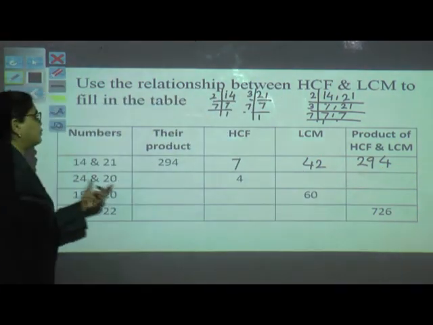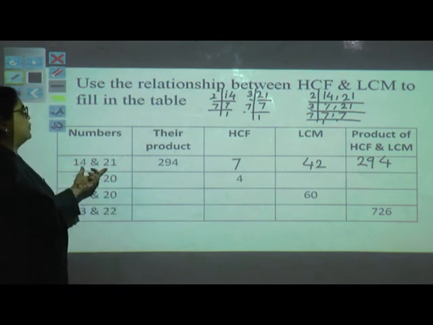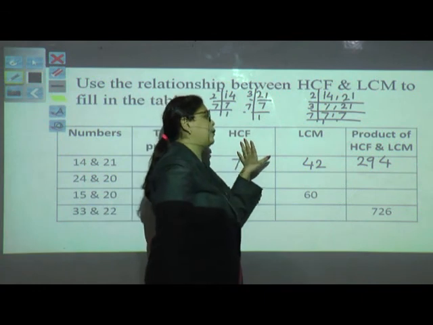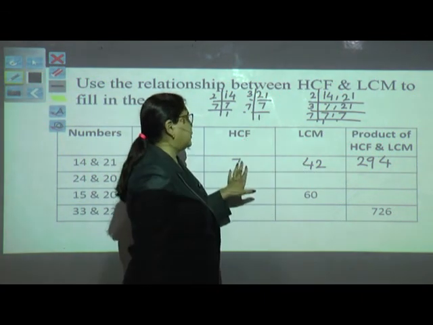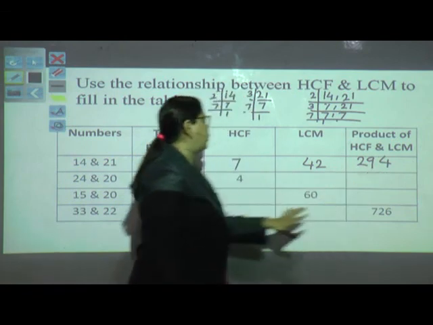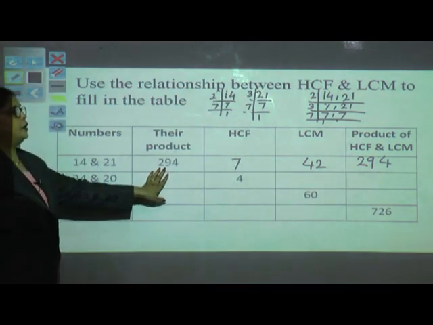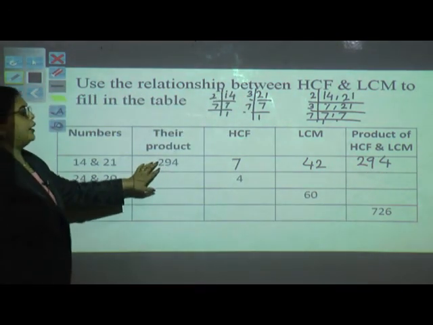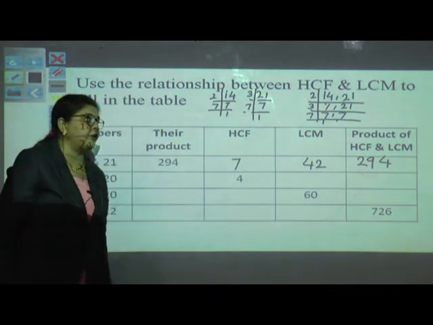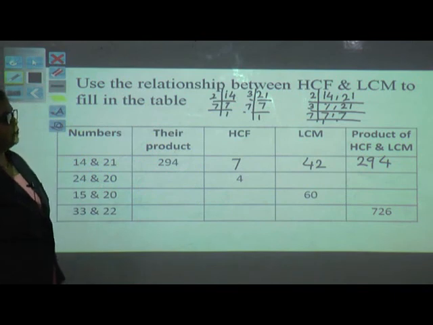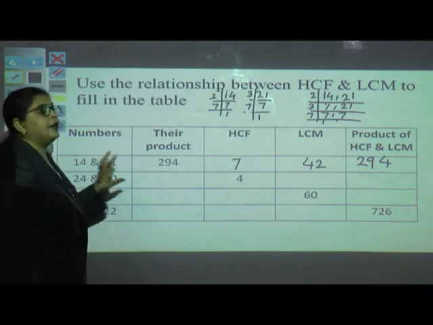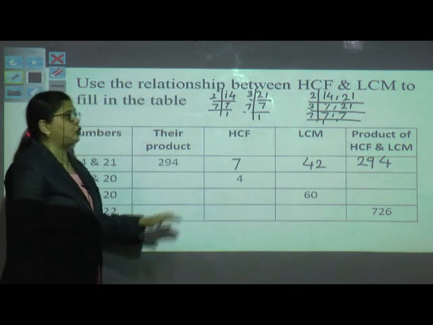The product of the numbers which is already given to us is 294, and what we found with the help of HCF and LCM, the product of LCM and HCF, is 294 as well. So we have already learned that the product of the numbers and the product of HCF and LCM are the same.